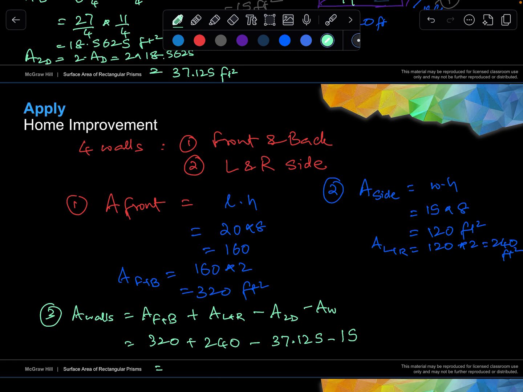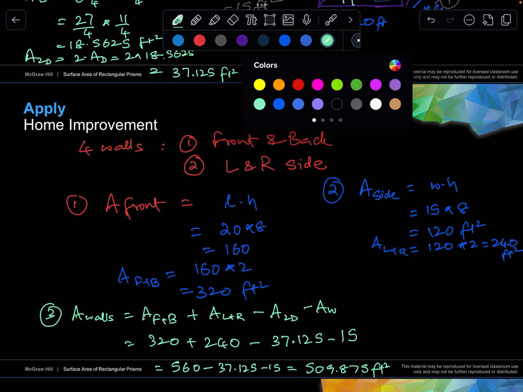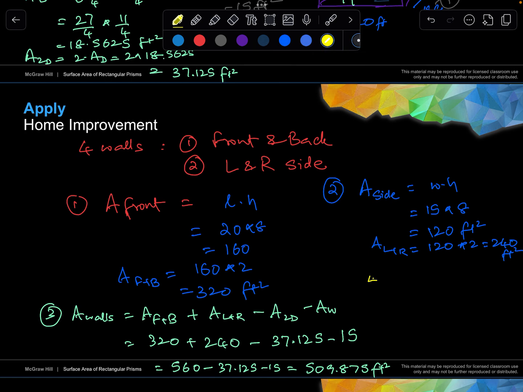So this is nothing but 320 plus 240 is 560 minus 37.125 minus 15, which is 509.875 square feet, right?